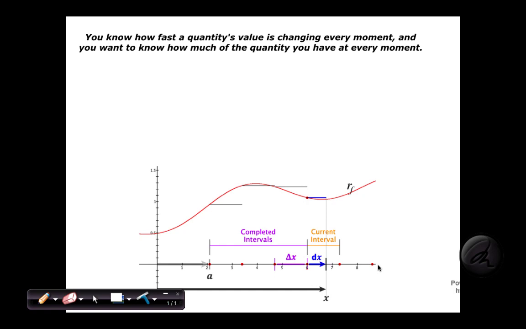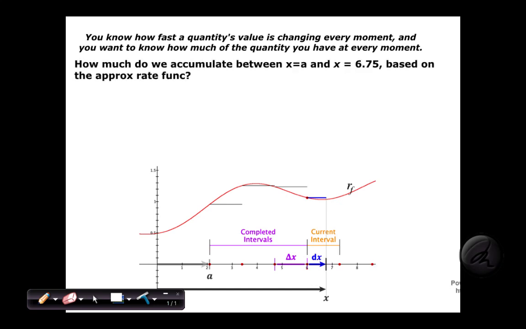So what I'd like to do is measure the accumulation due to that, not just how far is x away from the beginning. But if I want to measure then, let's say this is 6.75, where x is right now. And I don't have x values for where those red dots are. This a value is something past 2, and this one's a little past 3. This one looks like 4 3/4.